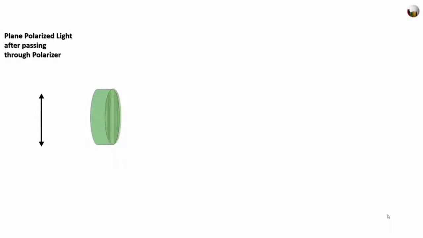Let's assume that the initial direction of the plane polarized light coming from the polarizer is this. In the beginning, the analyzer is kept parallel to the polarizer, and hence all the light will pass through the analyzer too.